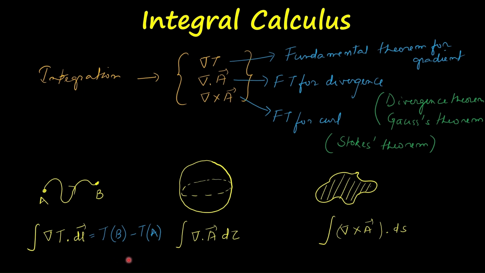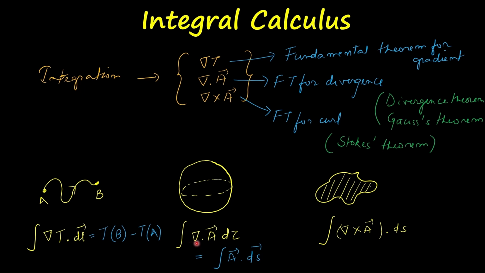Now, if you see carefully, the line integral of the gradient is done along this path, but the final outcome depends only on the boundary of this path, that is at point B and point A. For the second example, the answer is the surface integral of the vector about the surface enclosing the volume.